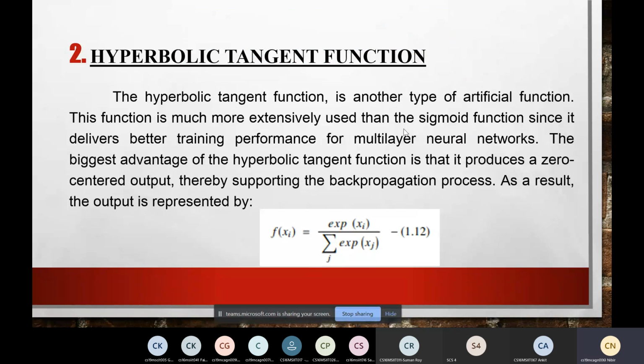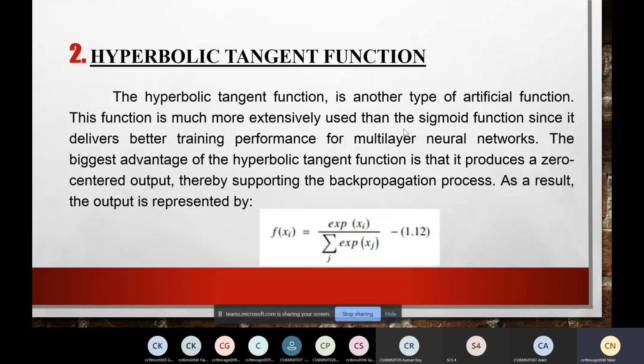Now moving to the second one, the hyperbolic tangent function. The hyperbolic tangent function is another type of activation function. The function is much more extensively used than the sigmoid function since it delivers better training performance for multi-layer neural networks.